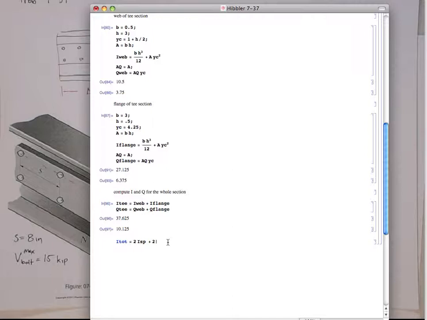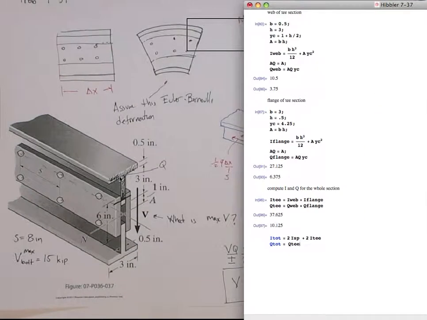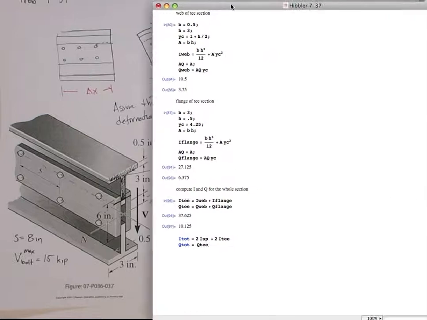So I could just do here, the I is the I of the T, right? And then the Q total is going to be, well, basically just Q of one of the T sections, right? It's just one T section. We're just considering the top, right? Remember from the argument we did up here. That's the Q we want, okay?